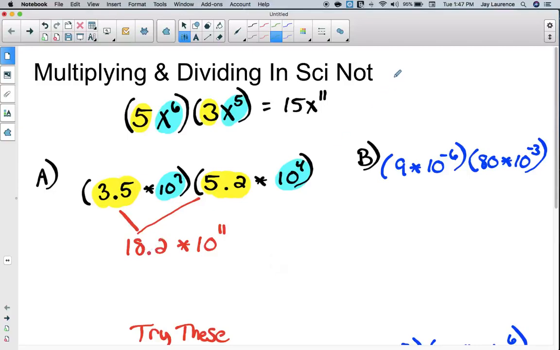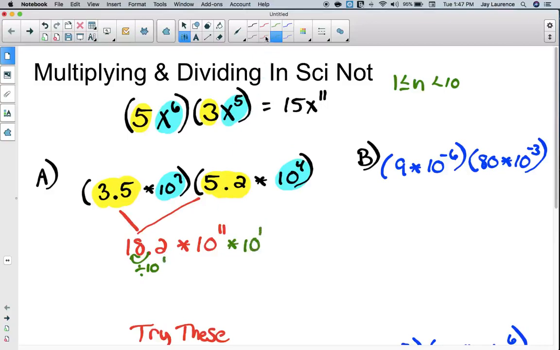Remember, for scientific notation, our number has to be at least 1 and less than 10, and 18 2/10 is greater than 10. So I need to divide by 10. That'll move the decimal point. But if I divide this part of the number by 10, I have to multiply this part of the number by 10. And again, it would be 10 to the 1st.